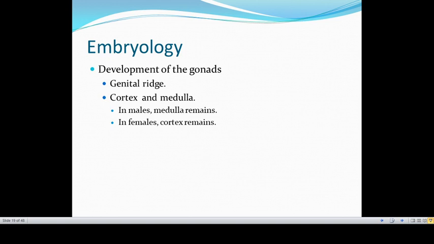The development of the gonads. On each side of the embryo, a primitive gonad arises from the genital ridge, which is a condensation of tissue near the adrenal gland. The gonad develops a cortex and a medulla.